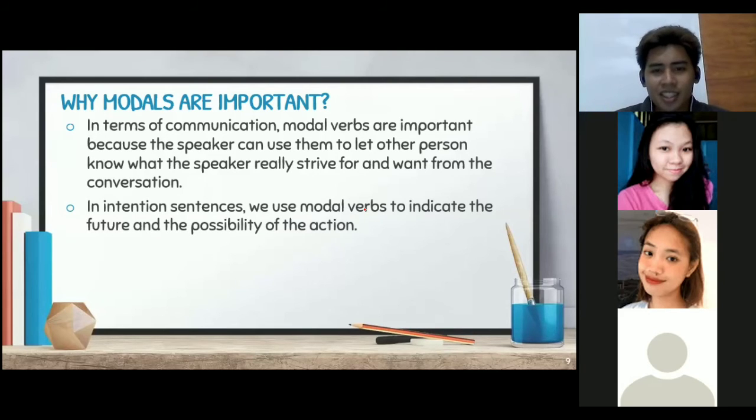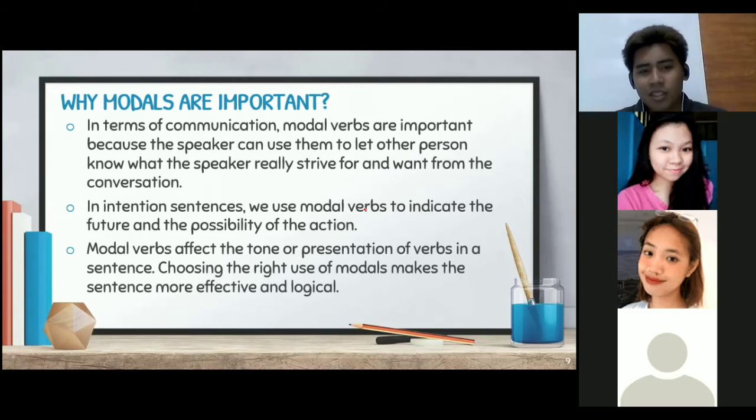In intention sentences, we use modal verbs to indicate the future and the possibility of the action. So we use modal verbs to set standards, to set the emotion, to set the intention of the speaker, its possibility and its futurity.